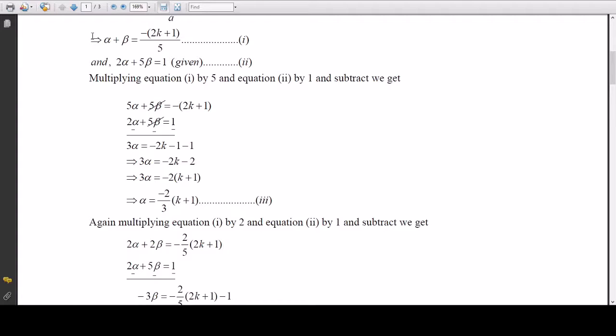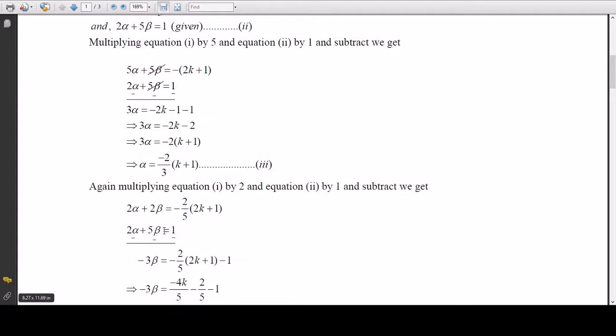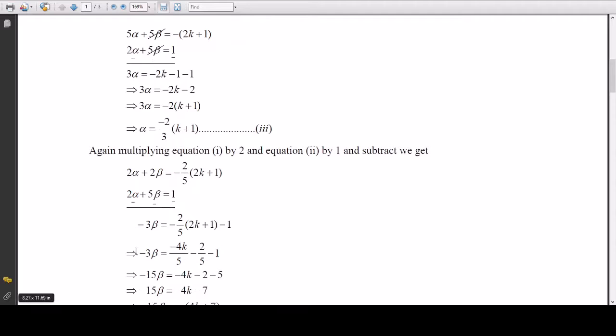In the denominator we multiply by 1, so it remains as it is. Now changing the sign, the twice alpha cancels. Here we have 2 beta minus 5 beta, and plus minus minus gives minus. Therefore you have minus 3 beta equal to minus 2 by 5 times (2k plus 1) minus 1.